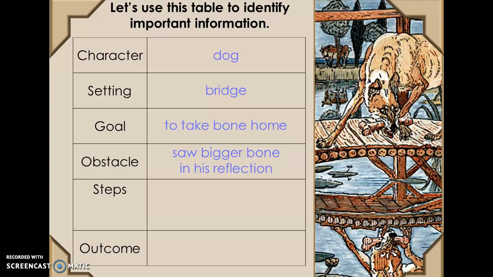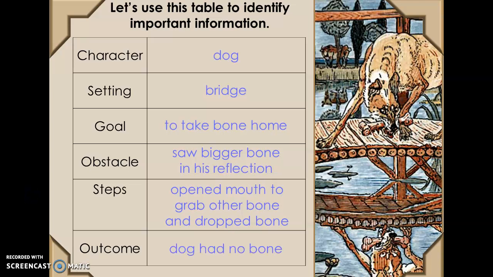What was the obstacle? Well, he saw a bigger bone in his reflection. What steps did he take to make his goal? He opened his mouth to grab the other bone and dropped his bone. What was the outcome? What happened? He had no bone.